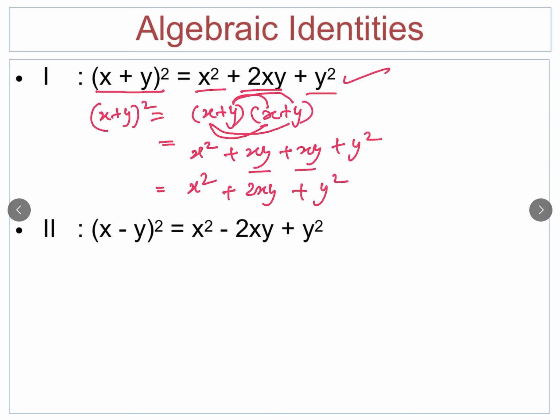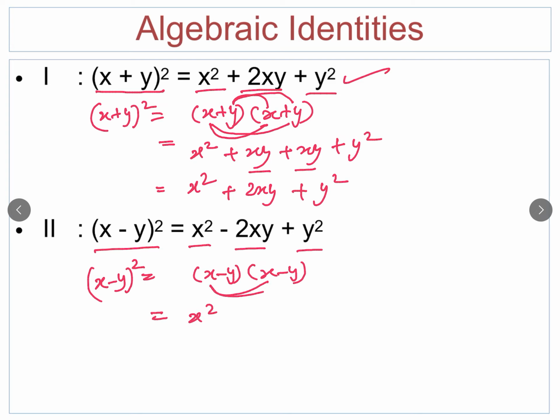Similarly, we have the second identity, which is (x minus y) whole square is equal to x square minus 2xy plus y square. We can write (x minus y) whole square as (x minus y) into (x minus y). Again we multiply x with the x here, so this will be x square, then x with the minus y, so it will be minus xy, then minus y into plus x will be again minus xy, then minus y into minus y will be plus y square.